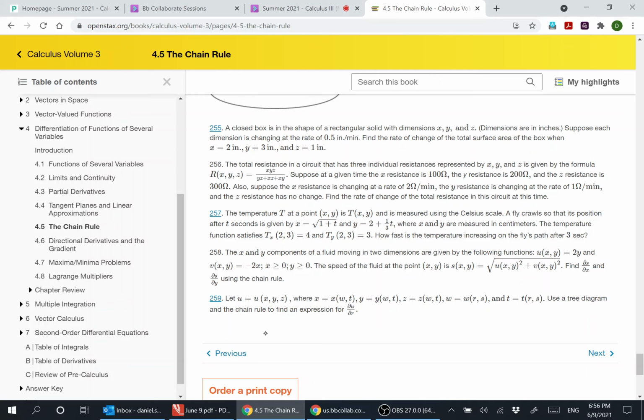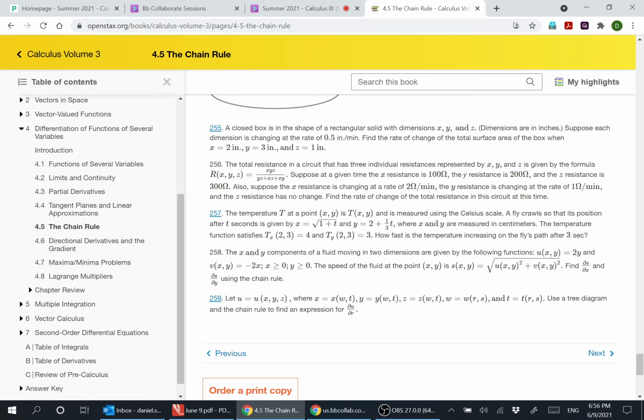The temperature function, partial derivative of T with respect to x, is 4 at (2, 3). And partial derivative of T with respect to y at (2, 3) is 3. How fast is the temperature increasing on the fly's path after 3 seconds?